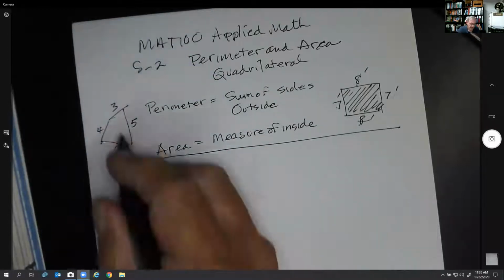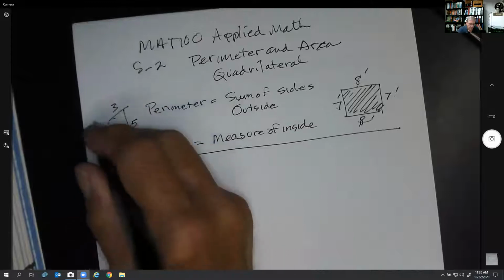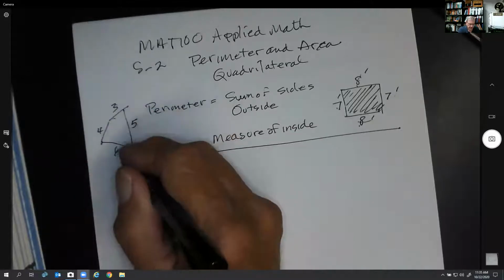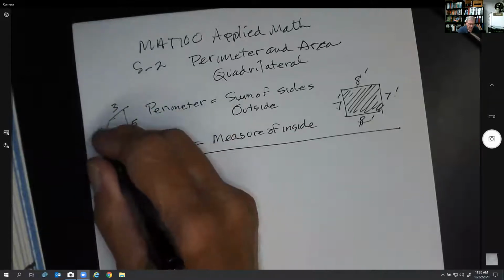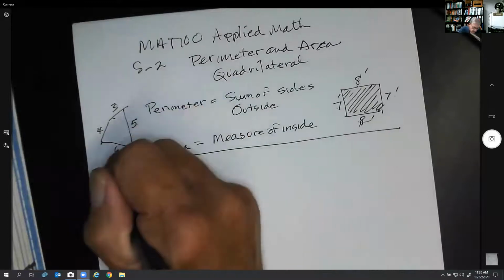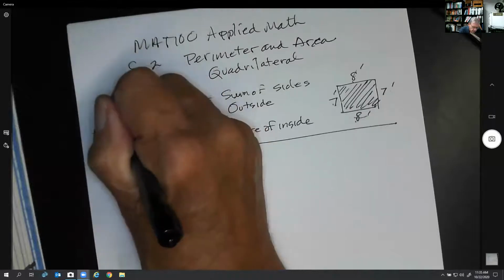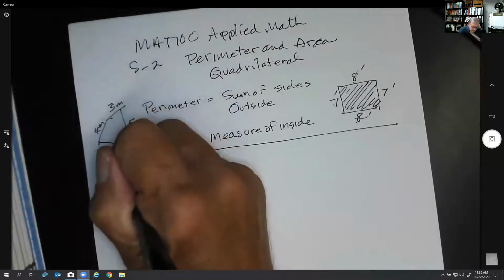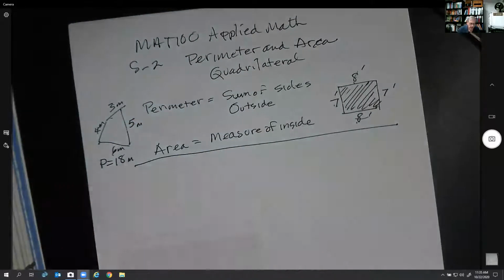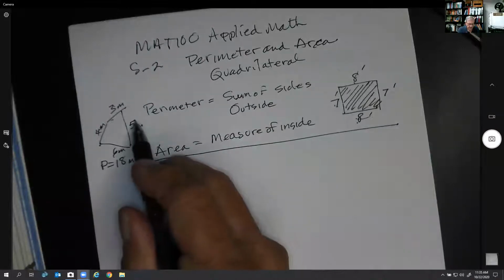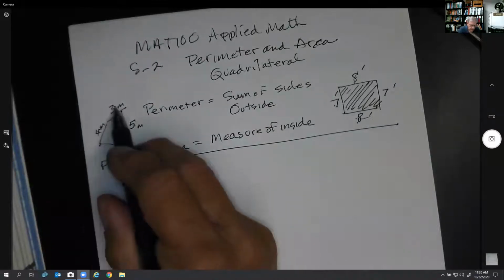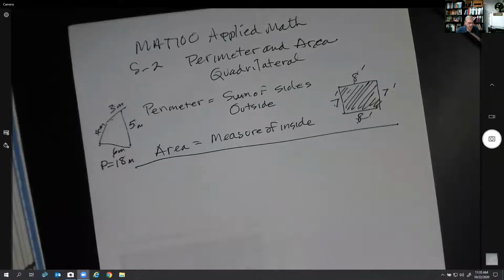All we have to do is add that up in any order. 8 and 6 is 14 and 4 is 18. And we would write the perimeter is 18, and whatever the units are, meters maybe. Meters. And you could add up 6 and 5 is 11, plus the 4 is 15, plus the 3 is 18. So it's just a matter of adding up all the sides.